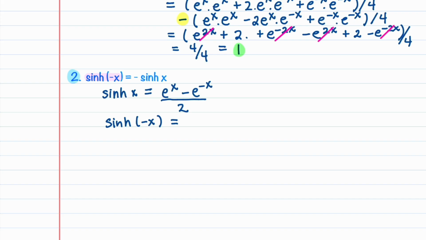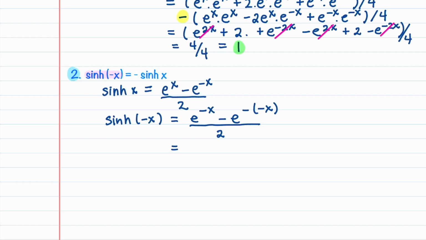Sech of minus x is just e to the minus x minus e to the x, all divided by 2. We can take out a negative. We take out that negative, we end up with e to the x minus e to the minus x.